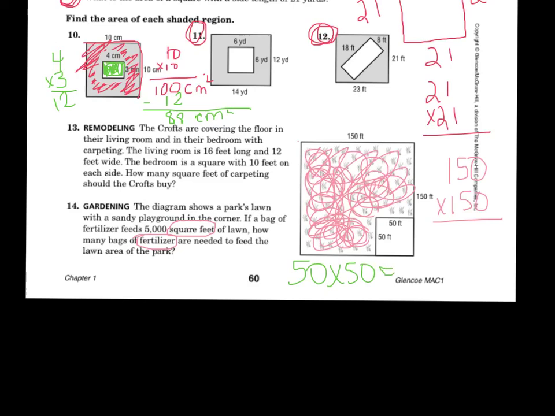Okay, I can do that one in my head. 5 times 5 is 25, and then there's 2 zeros. Okay, so this is how much you're not going to fertilize. So find out how much the area of the whole park is, and then subtract the sandy area, which was 2,500 square feet.